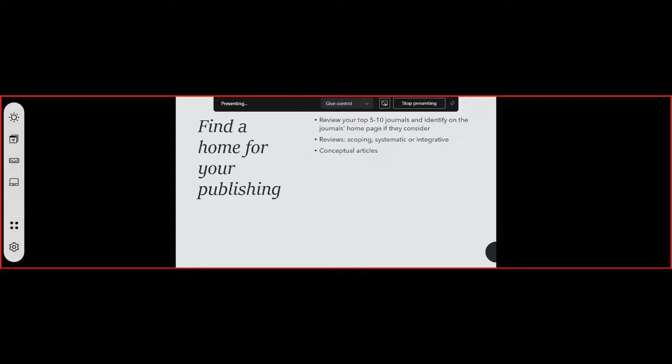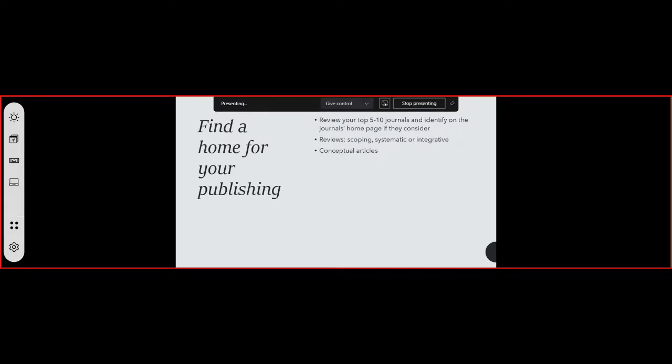Or sometimes the journal on their homepage would say that they accept conceptual articles. Now, a conceptual article is, for instance, if you have gone through your entire review and you've come up with new concepts for a theory, or you have used a theoretical framework and out of that you have unpacked different studies, or how this may relate in another field.